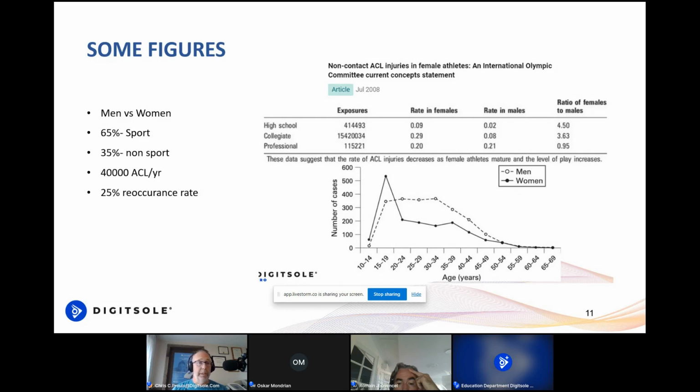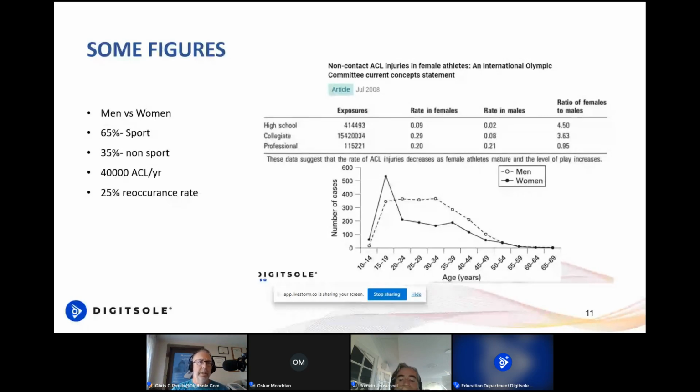So, in other words, they're playing a sport. And also, a very high percentage of those are considered to be non contact, meaning that it wasn't because of an impact injury due to another player or another structure on the court or on the field. It was typically involved in a landing, a deceleration, or a change in direction. So no one else was around that athlete. Unfortunately, it just happened because of the structure being overstressed and then giving way.